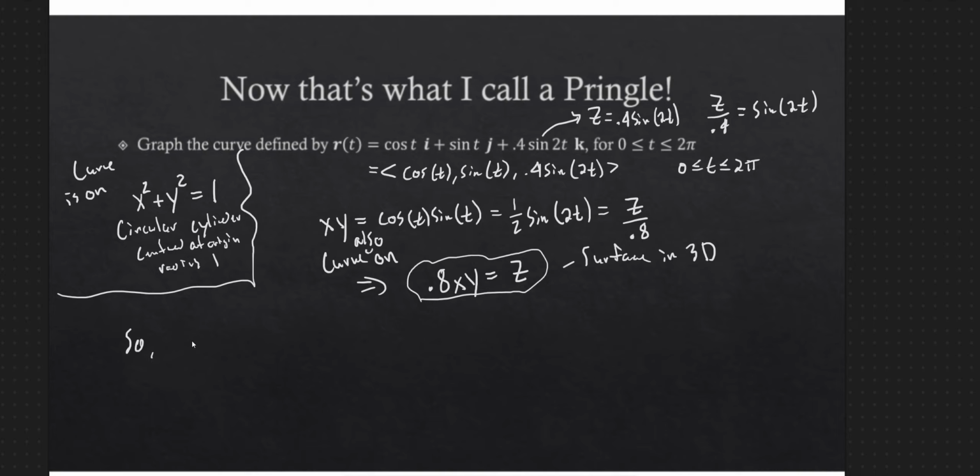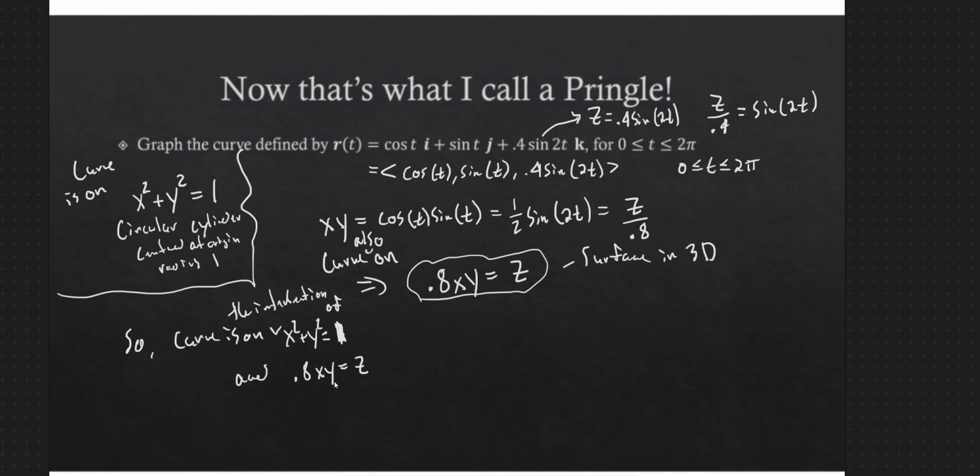So the conclusion here is that our curve is on this circular cylinder, x squared plus y squared equals 1, and is on the intersection of this surface, x squared plus y squared equals 1, that circular cylinder, and this surface, 0.8xy equals z.